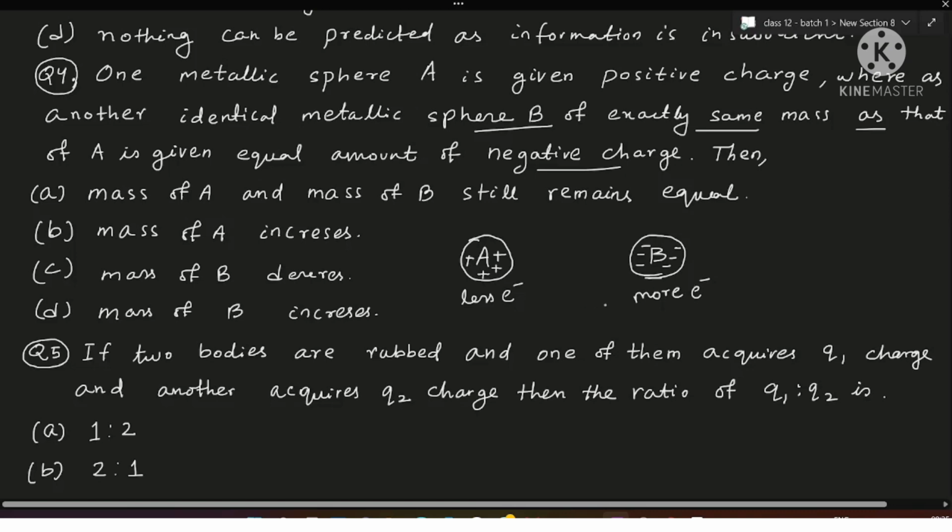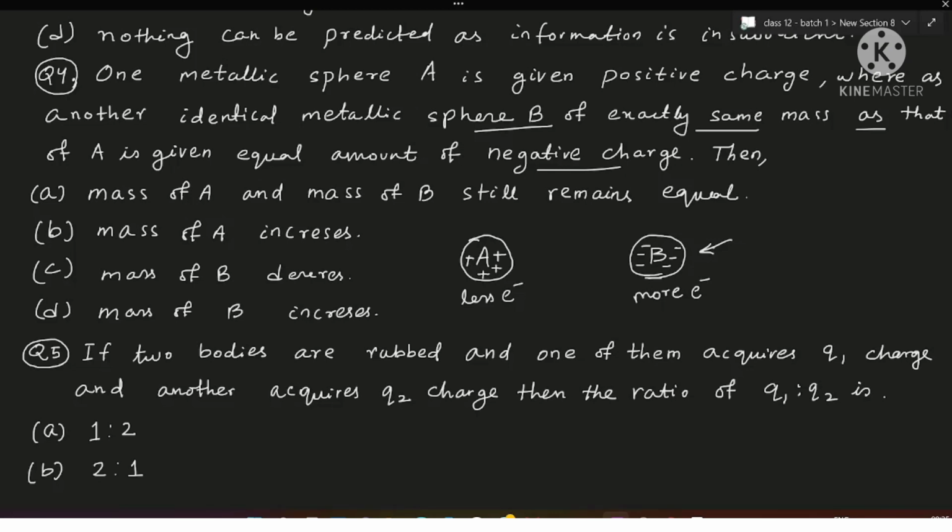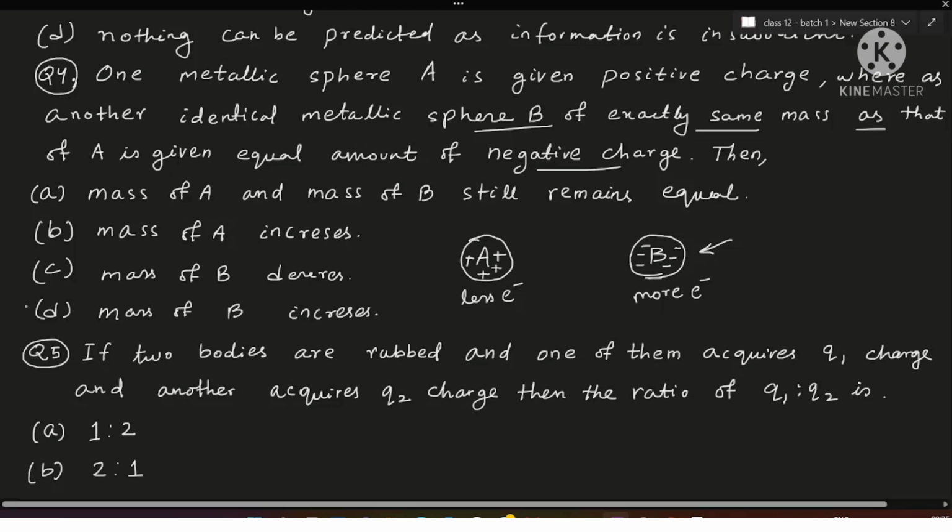So obviously, since in sphere B a greater number of electrons are there, the mass of B will increase and the mass of A will decrease. So from this we can say that option D will be correct. Mass of B will increase.